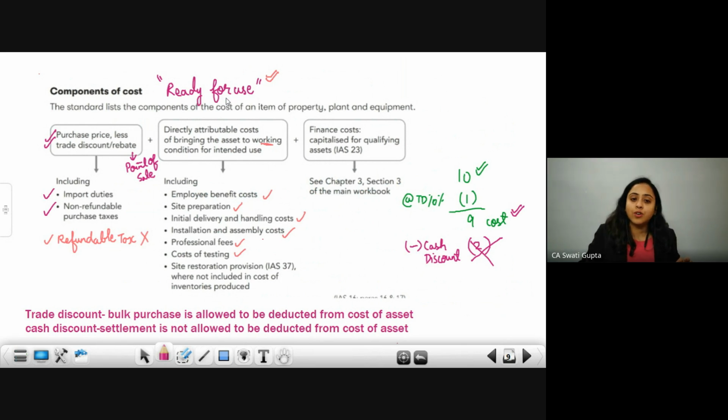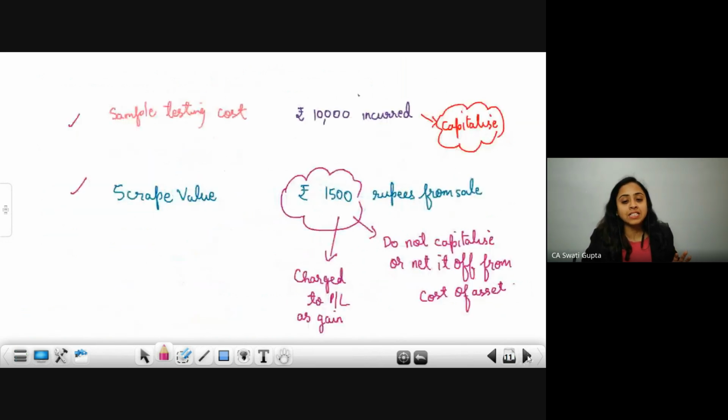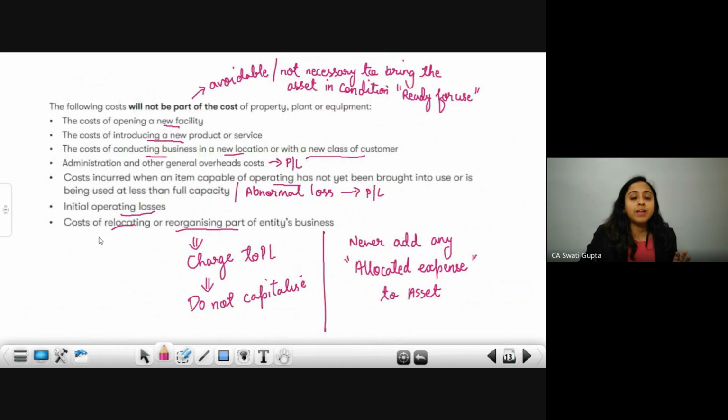These are the list of costs that will be included. It also says that there are items which should not be included in the cost of PPE. So for example, if you've got any inauguration expense, instead of adding to the cost of PPE, rather charge it to PL as an expense.